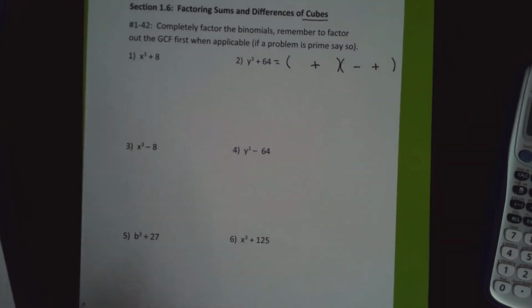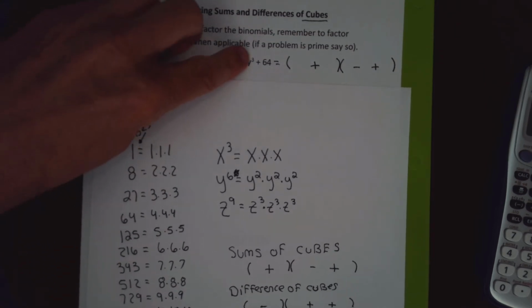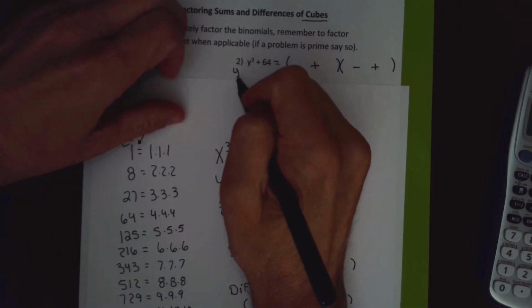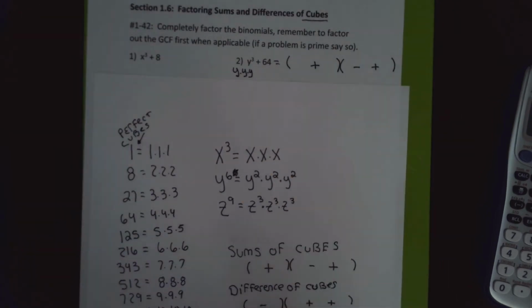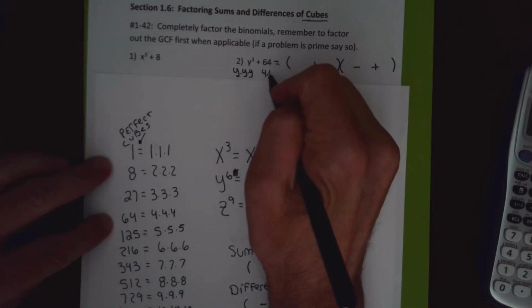Now underneath each of the terms in the problem, I'm going to write why it's a cube. Y cubed, I'm going to divide the exponent by 3 and say y cubed is y times y times y. In order to factor cubes, I need to decompose each of the terms into 3 identical factors. 64, I'm going to write as 4 times 4 times 4.